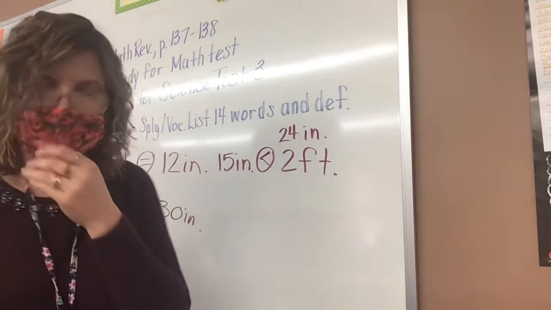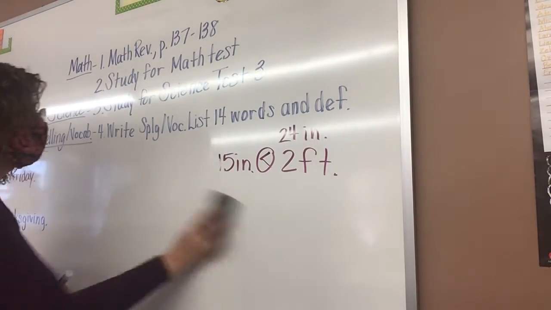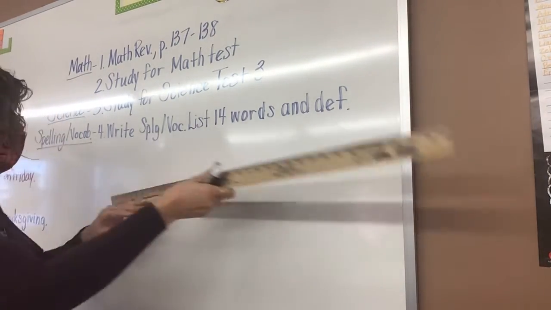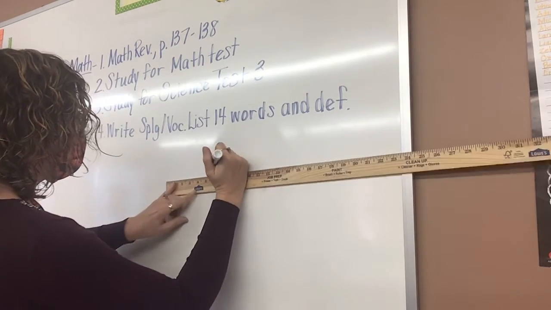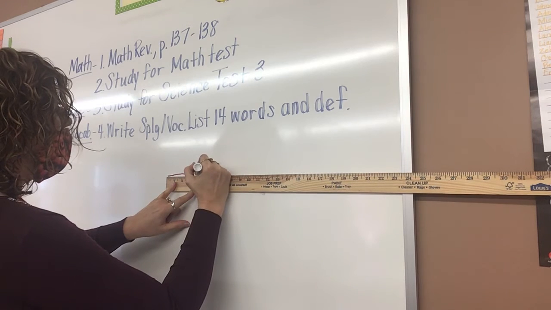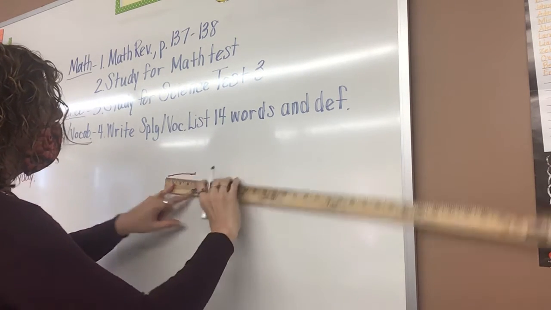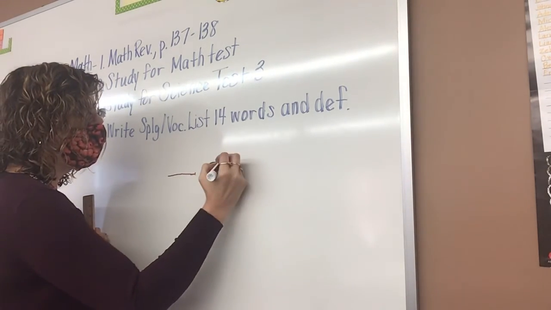So look up here. Let's say when you measure the line, it was past the 3, but not to the 4, then you would say that that is 3 1/2.